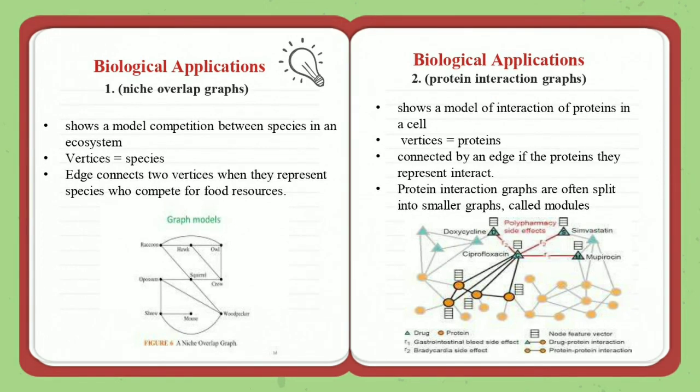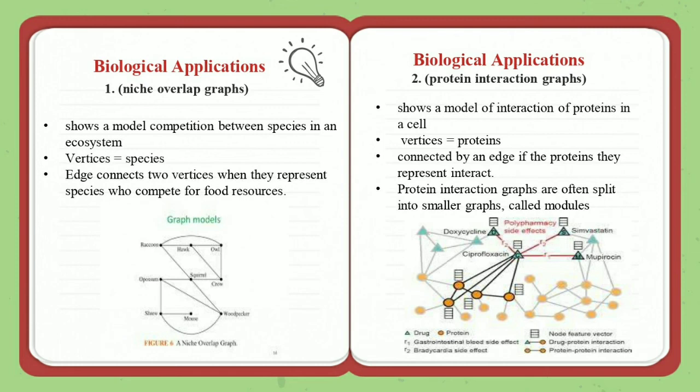The biological application also has a protein interaction graph model, which shows the interaction of proteins in a cell. The vertices represent proteins, and they are connected by an edge if the proteins they represent interact.